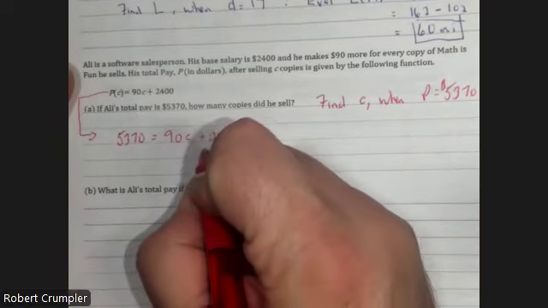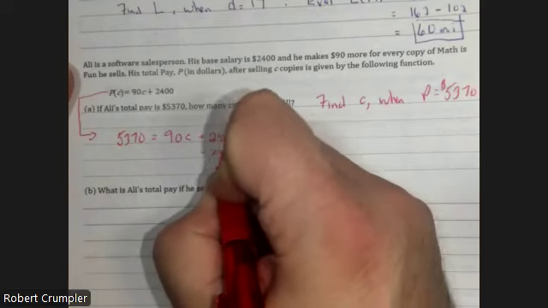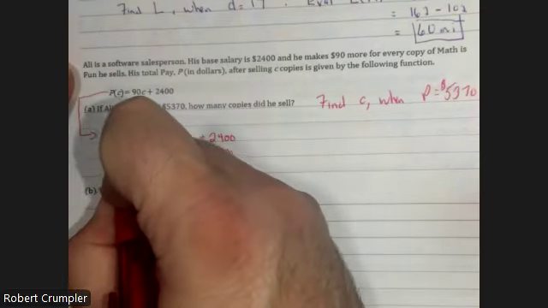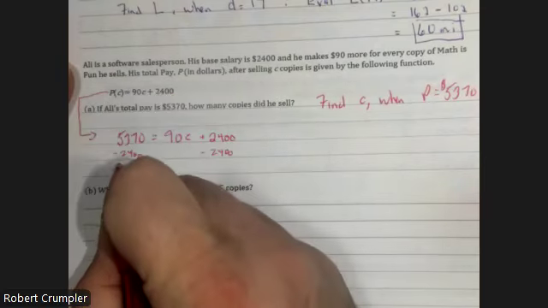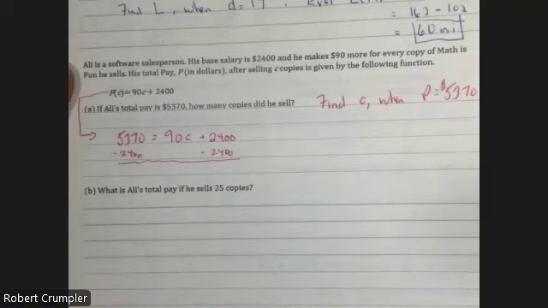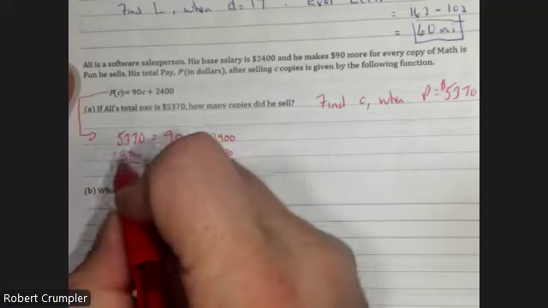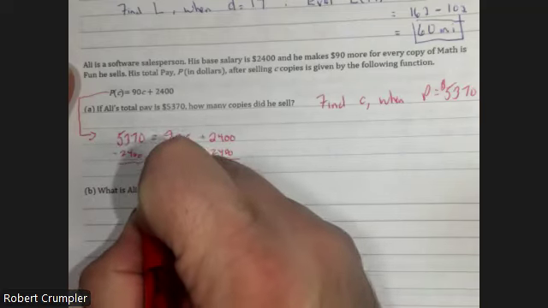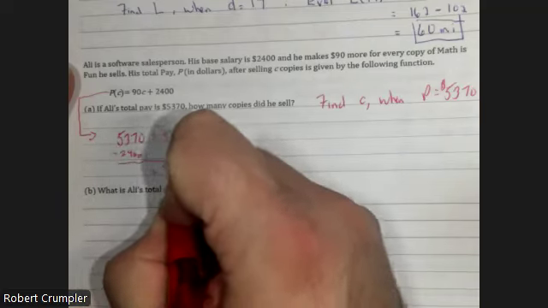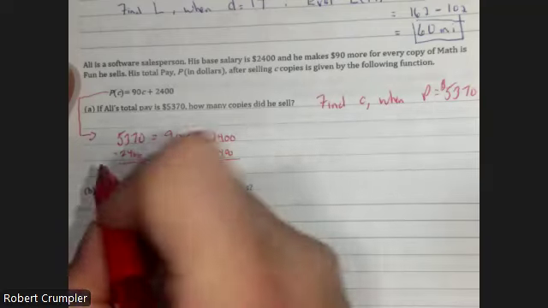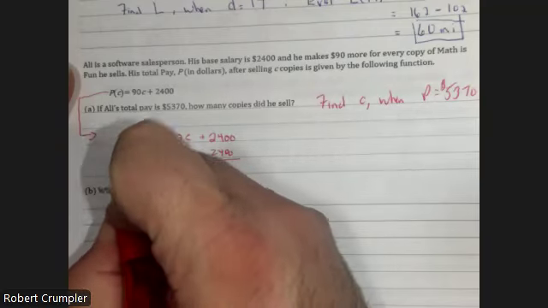All right, and so to do that, we just want to subtract 2,400 on both sides. Okay, and when we do that, that's going to leave us then with 90C on the right is equal to 2,970.